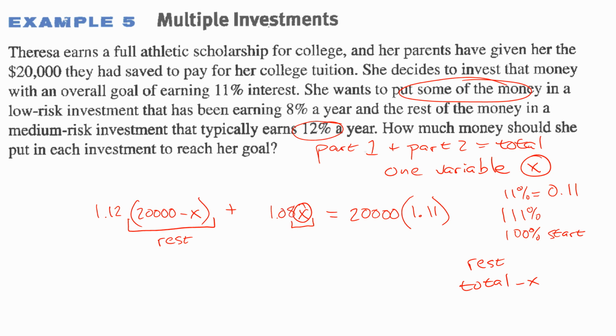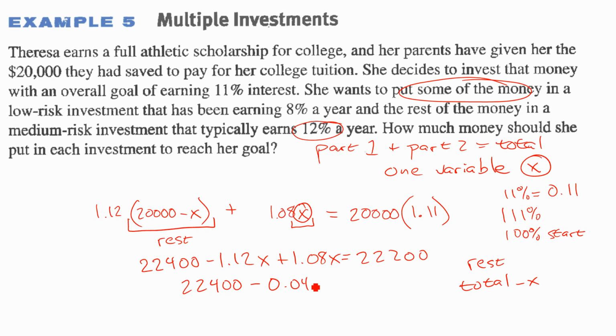Once we have the setup, it's fairly straightforward to plug this into our calculator. 1.12 times 20,000 is 22,400 minus 1.12x plus 1.08x. On the other side, we end up with 22,200. When we combine these together, we get 22,400 minus 0.04x.